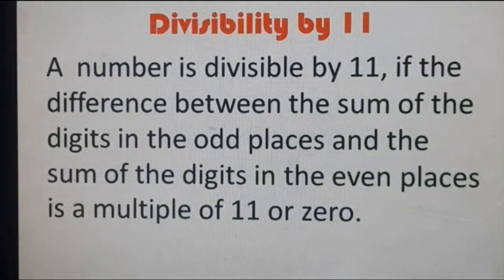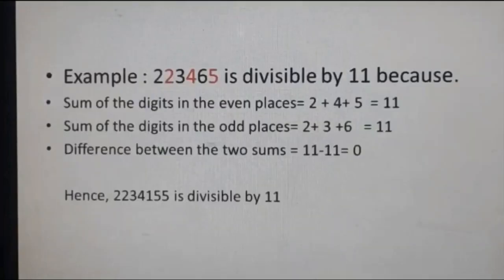Means if we have to check whether any number is divisible by 11, first of all, we will do the sum of the digits in the odd places. Then we will do the sum of the digits in the even places. Then we will find the difference of these. And after that we will check if the difference we are getting is a multiple of 11 or 0. Then the given number will be divisible by 11.